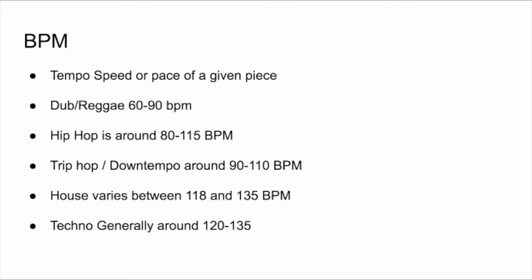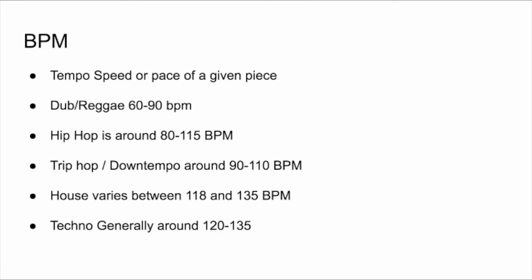BPM is beats per minute, or the tempo, speed, or pace of a given piece. Different genres usually stick to different BPMs. This is awesome when you're DJing, because if you want to do reggae sets, or if you want to even cross genre, you have an idea of what genres tend to blend with other ones better.